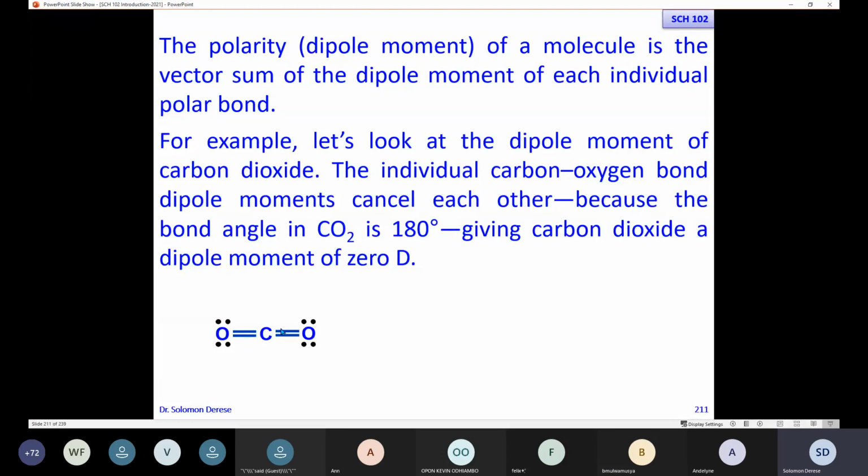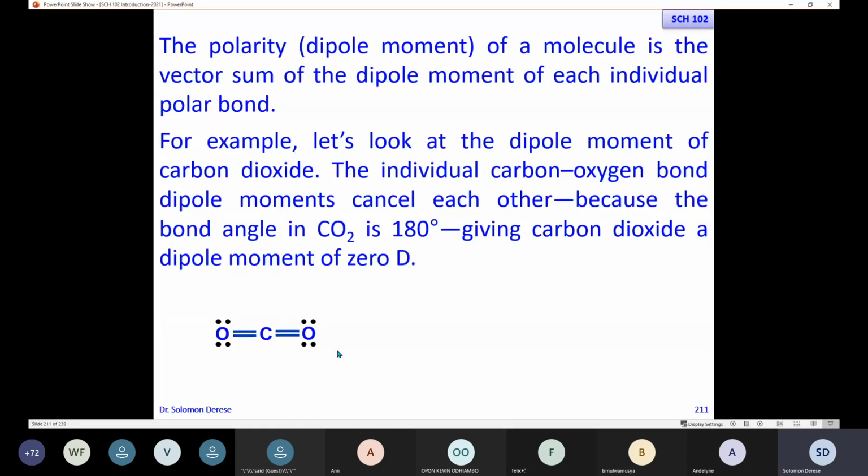So since this carbon is involved in two pi bonds, its hybridization is sp. sp means the bond angle is 180 degrees. The molecule is linear.